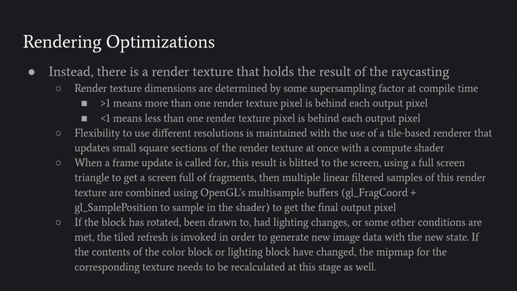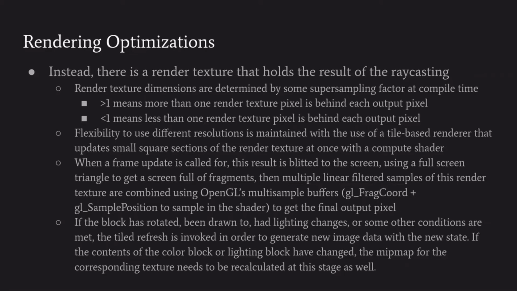This makes it flexible enough that I can use it on my laptop with an Intel integrated graphics chip, or on my desktop with a pretty serious Radeon card. So that's a cool application for this, the flexibility to use those different resolutions.